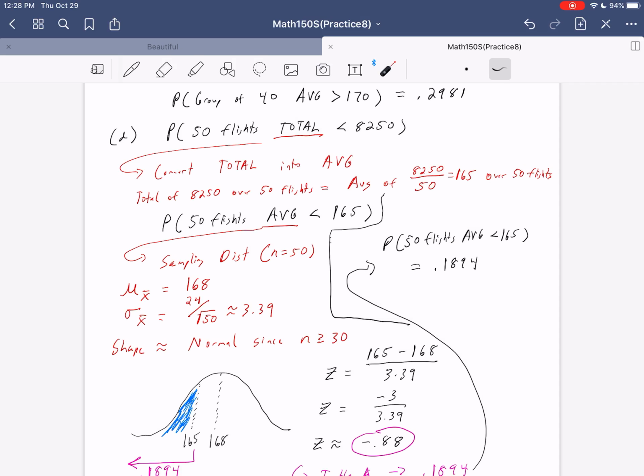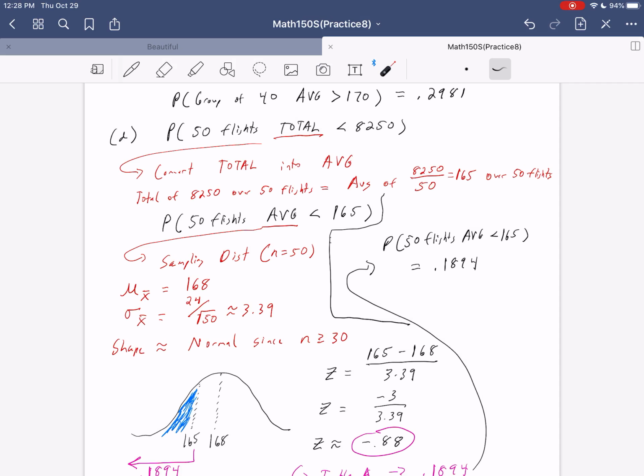So this first question was all about working with the sampling distribution. You might say, well, didn't we have some sampling distribution questions in practice 7? You did. Those, though, were applying the sampling distribution to a normally distributed population. There we saw the difference between answering questions about the individual, a group having a particular average, a group having a particular total, and a group all doing things.